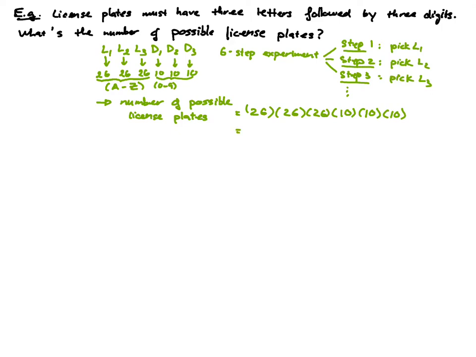And so if you do the math, this gives you 17,567,000. Okay. This is a very large number. So you do not want to be sitting down all day and listing all the possible license plates.